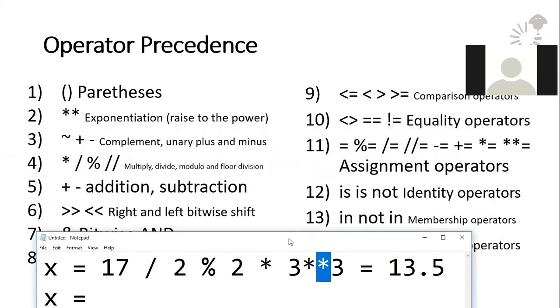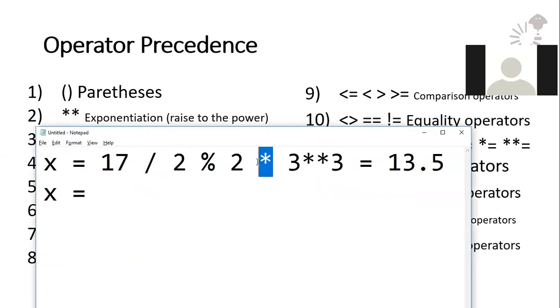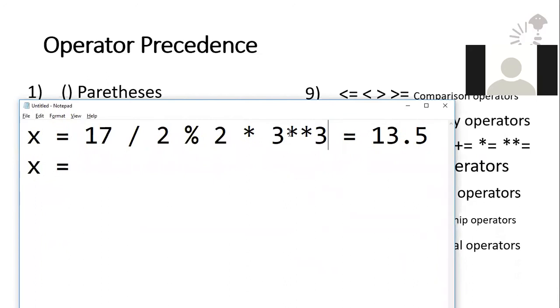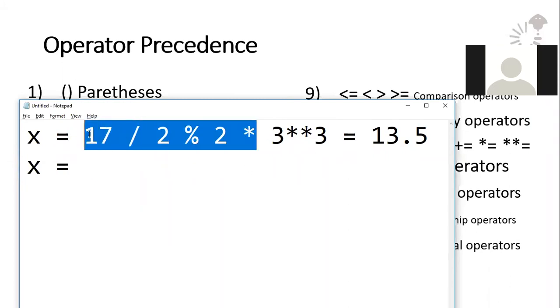Exponent po, ma'am. Okay. It's not multiply. It's not division. It's exponent. Exponent is level 2. And then, modulus division, and multiplication is level 4. So, unahin natin si exponent. 3 raised to 3 is 27.